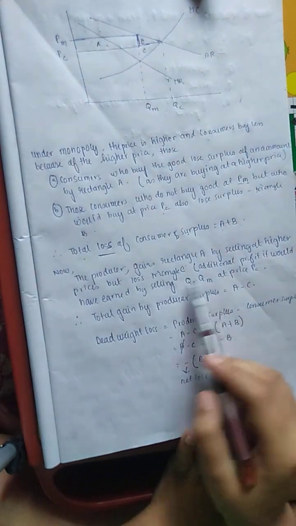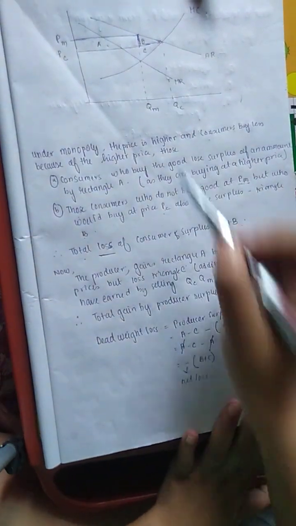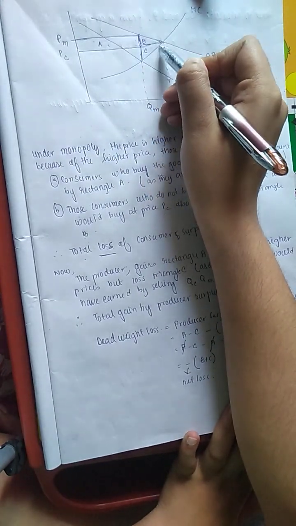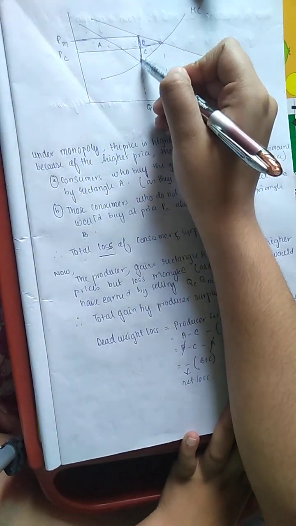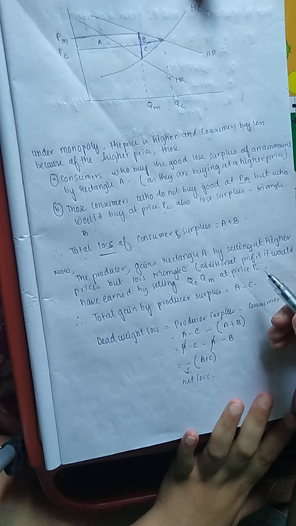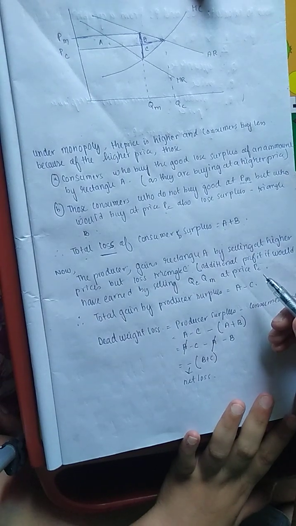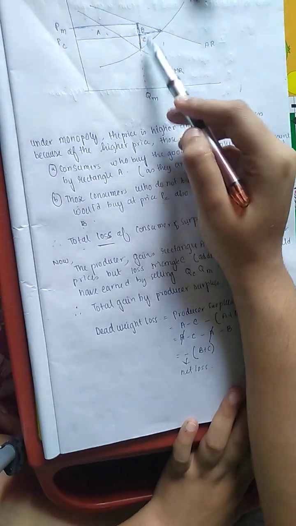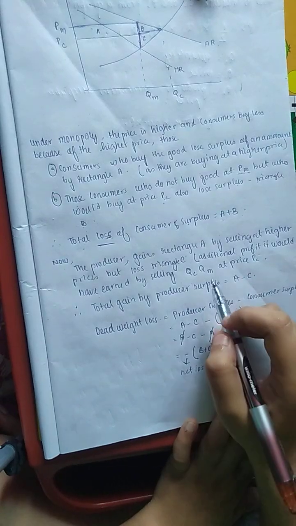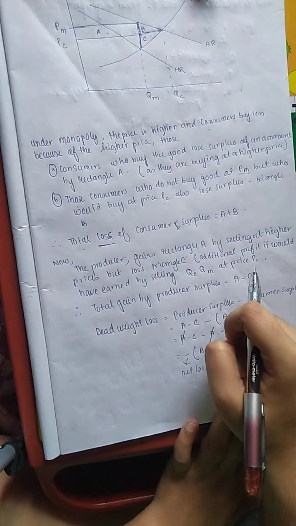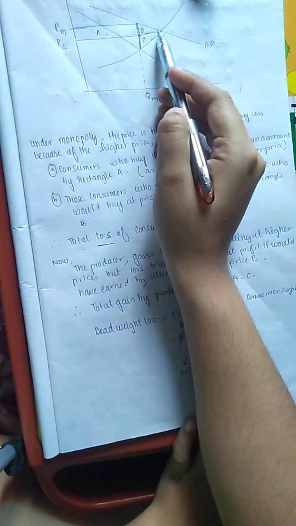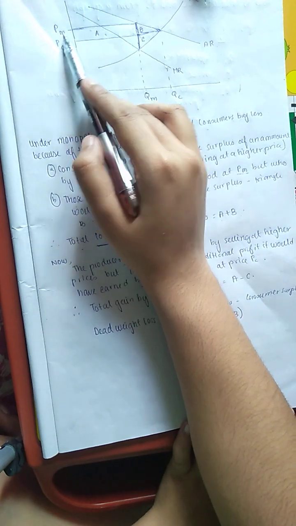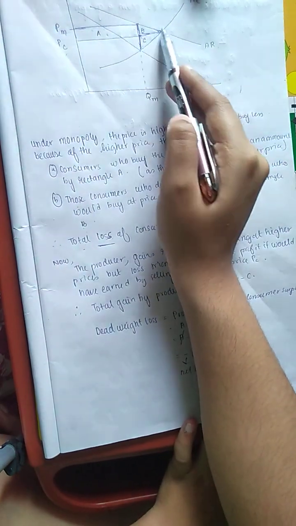But the producer also loses triangle C. Tell me why. Okay, this might be a little difficult, so let me explain. They lose triangle C because if they had charged the competitive price PC, they would have attracted these customers. But as they are charging PM, more than PC, they are losing these customers.